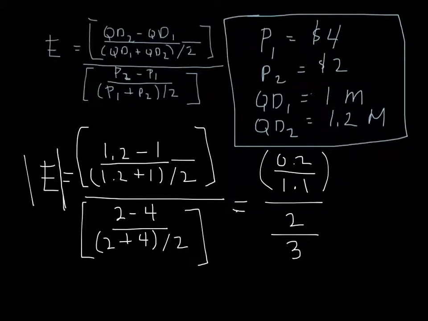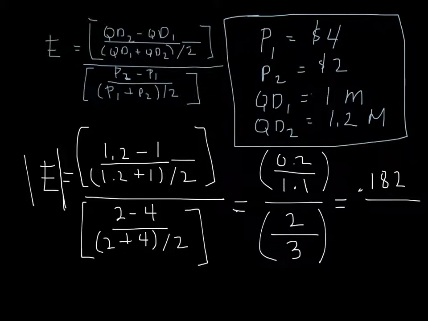So that's an expression, and we have to use our calculator for that. The top is going to be 0.182 to 3 digits. The bottom is going to be 0.667 to 3 digits. And that computes to 0.27, and that's to 2 digits.